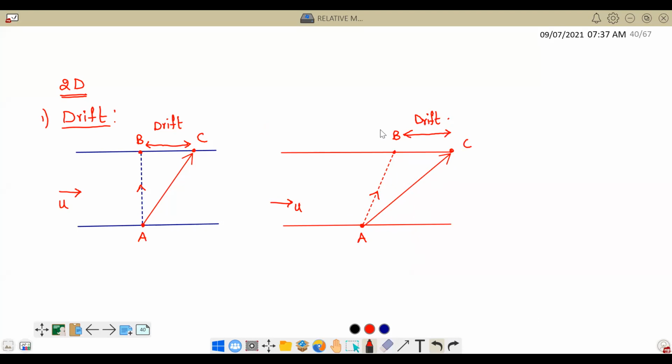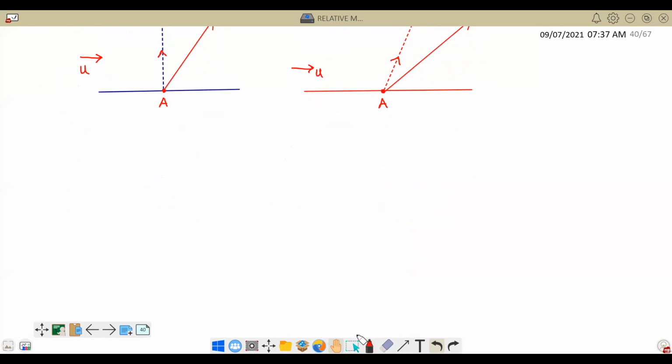Now let us take some interesting problems. First we'll start with the basic kinematics. Let us take one example. These are standard questions. Find the time taken to cross the river.